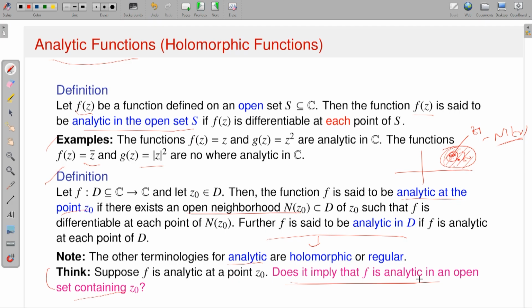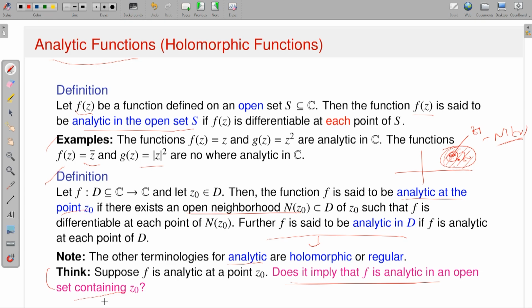The answer is yes, because you just perturb your point z0 to z1 and take a small open ball sitting inside, since N of z0 is an open set and my function is differentiable at each point. Therefore, by the definition of analyticity, it is also analytic at the nearby point. And since an arbitrary union of open sets is open, you can conclude that I am talking about analyticity in an open set containing z0.